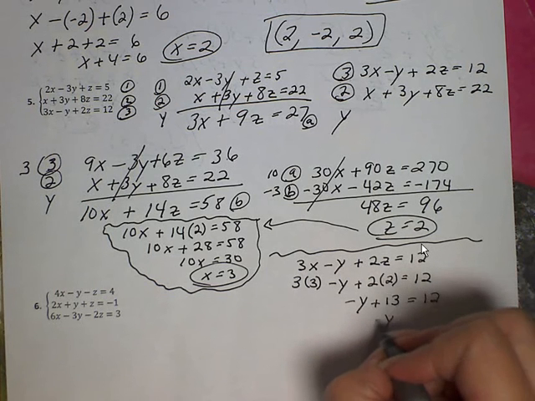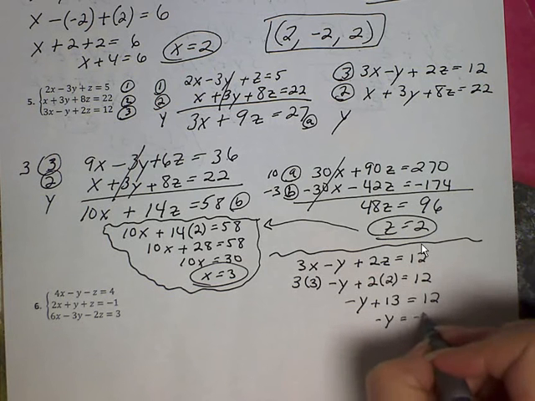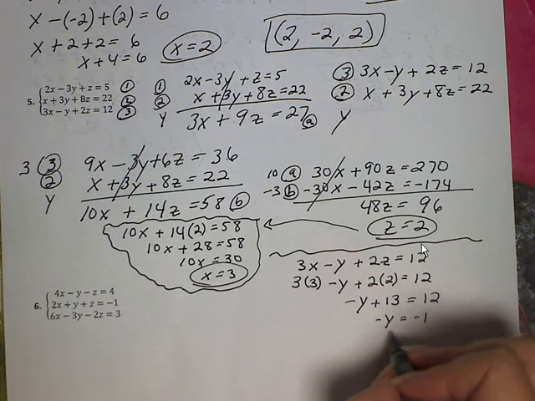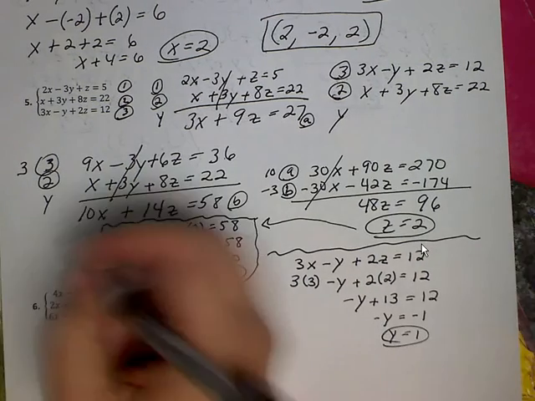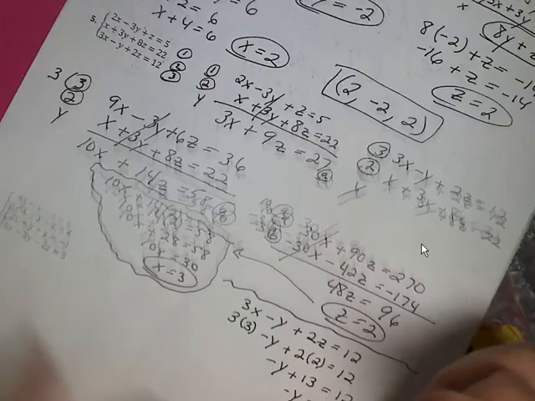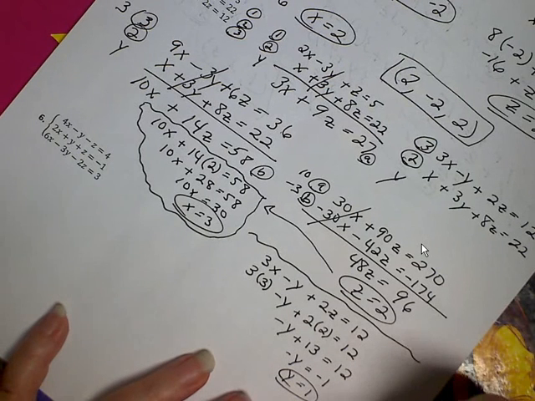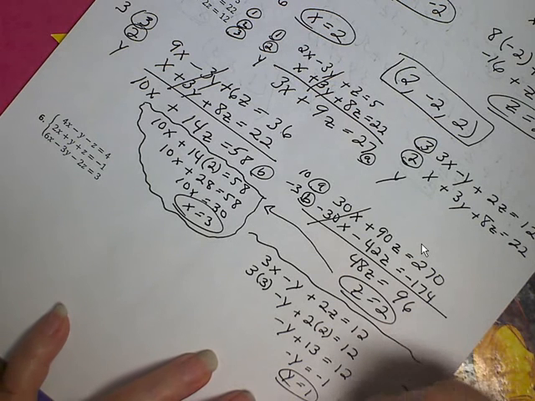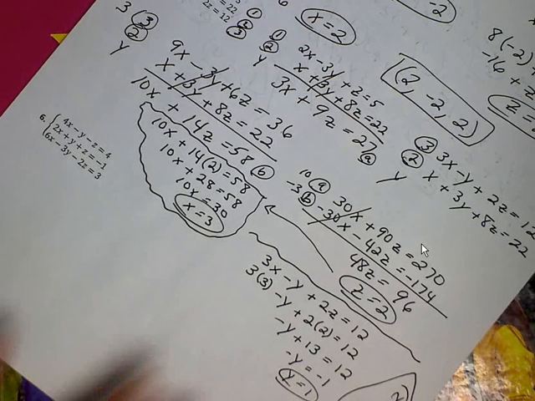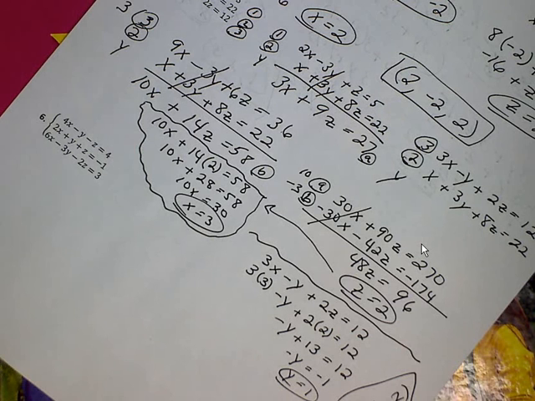Negative y is equal to a negative 1. Divide by negative 1. Y is 1. So my point for this one is x is 3, y is 1, z is 2. 3, 1, 2. Yep.